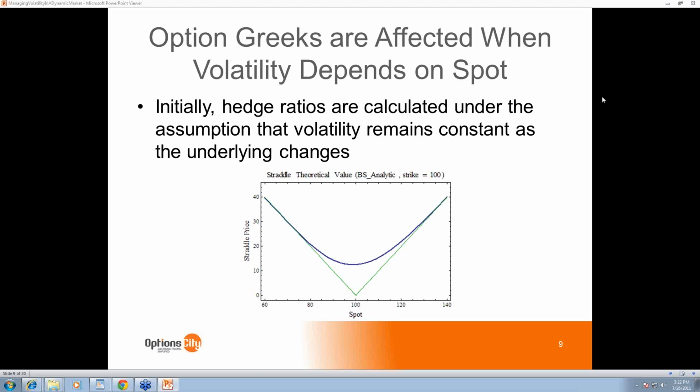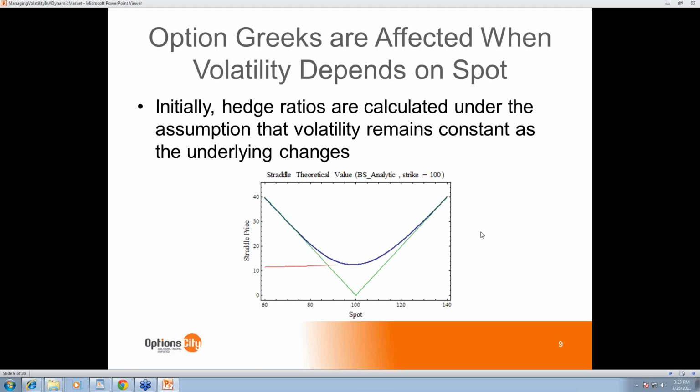What we've got here is a payout diagram of what the option would be worth for a 100 strike straddle, with the underlying changing from, say, 60 up to 140, and the theoretical value of that straddle as the price changes, keeping in mind the strike is fixed. This is based on an assumption that the volatility is constant.